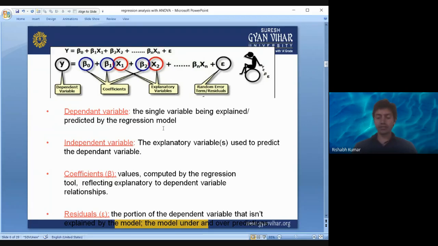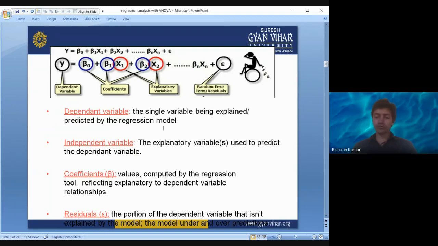The change in weight depending upon change in height that the graph will be showing, whether it is a linear graph or any curvilinear graph, will be representing the relationship between your height and weight, right? When you draw a two-dimensional graph, that graph represents the relationship between height and weight.